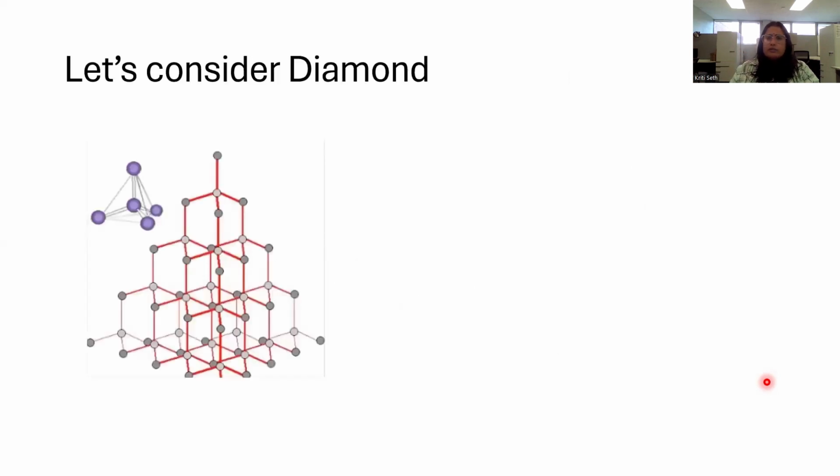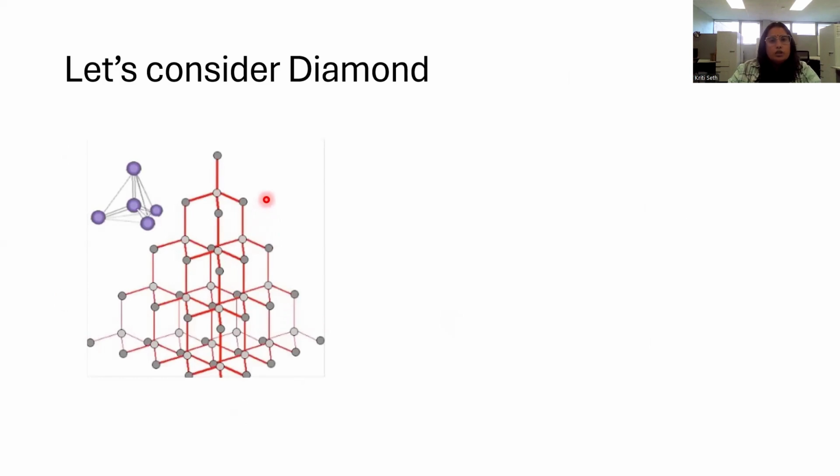Now let's consider diamond and think about how we can explain the bonding in diamond. As you can see here, this is the structure of diamond that one can experimentally obtain using something called X-ray diffractometry. We don't need to go into that. But what does this structure tell you?